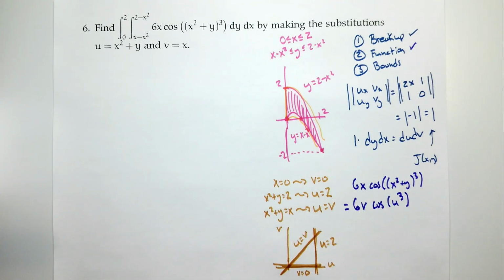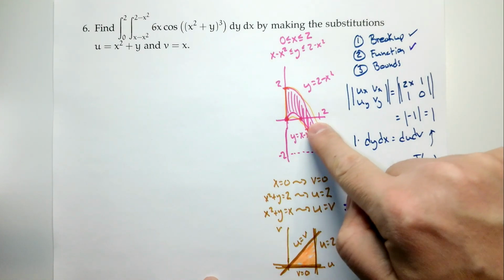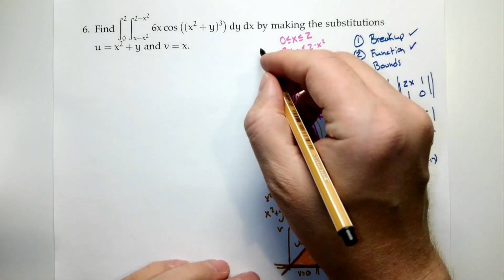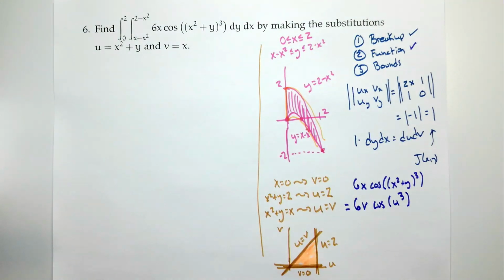So what we get is a triangle. I have to pick the part that's bounded by those three curves, and there's my new region. You'll notice that our old region is kind of hard to describe, but our new region is actually quite lovely. It's very simple and elegant. Okay, good. We now have our new region, and we are ready to go on to our next phase.